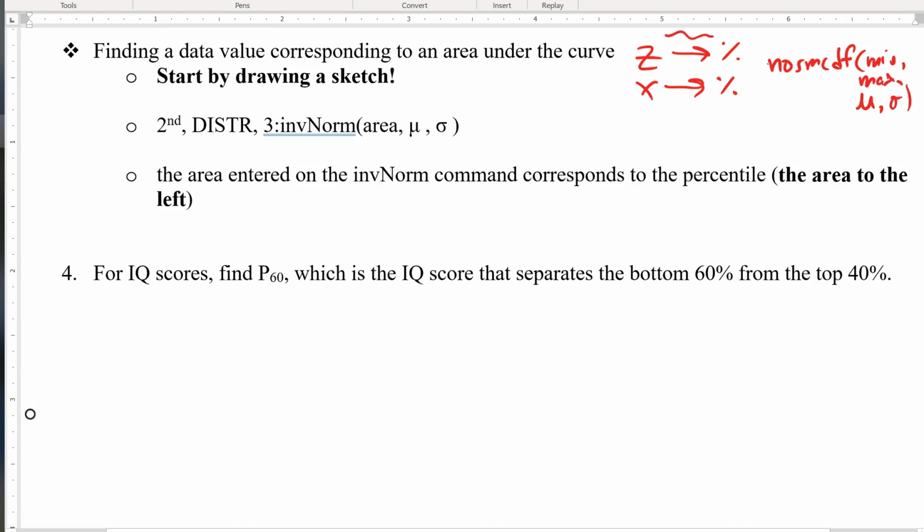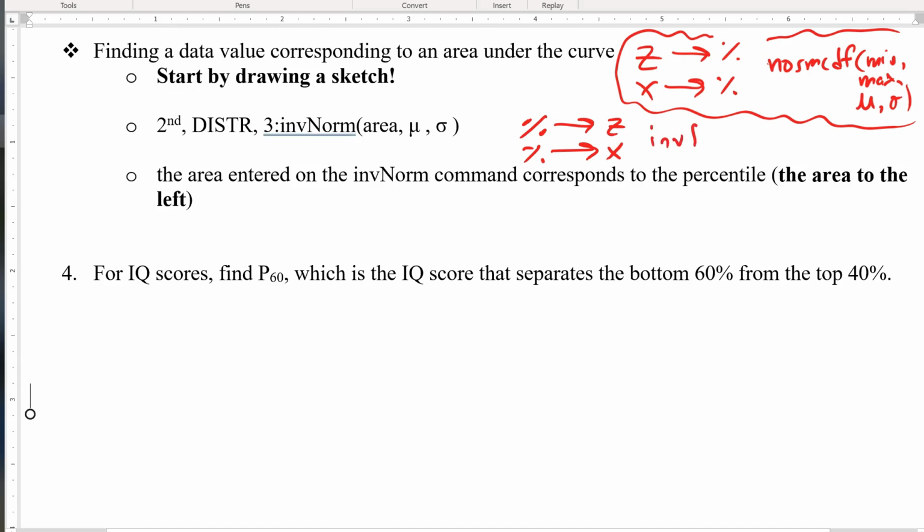That would be going from a z-score to a percentage. What we're doing here at the end is going from a percentage to a z, or a percentage to an x. And so the command, instead of norm CDF, since we're going the opposite direction, is going to be inverse norm.